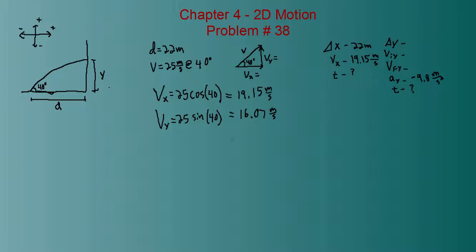We found the initial velocity in the y direction, 16.07, and we initially go up, so that's positive 16.07. And that's all we're given in the y direction. So we need 3 givens in the y direction to find any others.